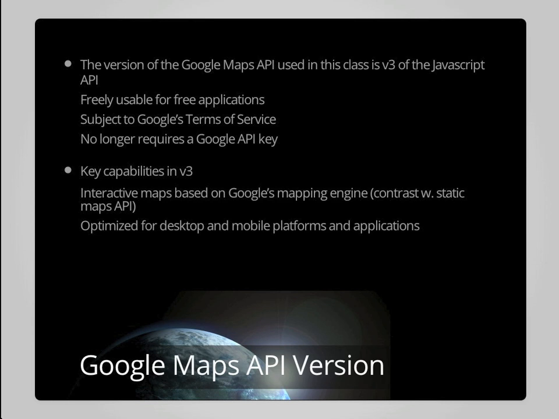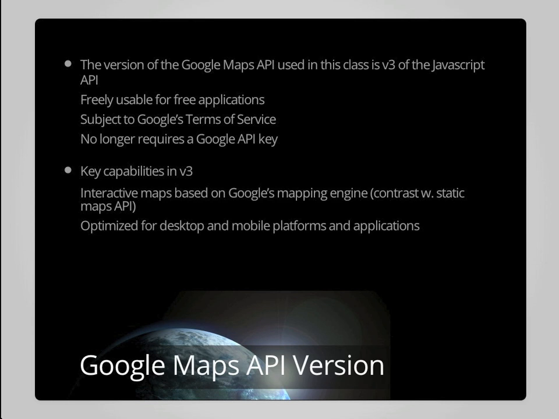In the case of the JavaScript API that we will be working with, it is freely usable for free applications. There are limitations in using this for applications that users have to pay for. It is subject to Google's terms of service, which they do have the right to change.